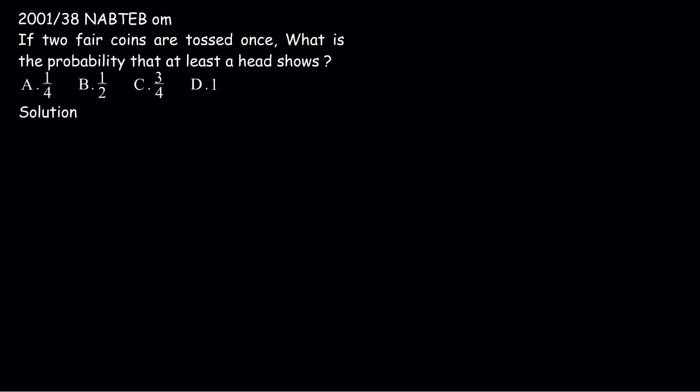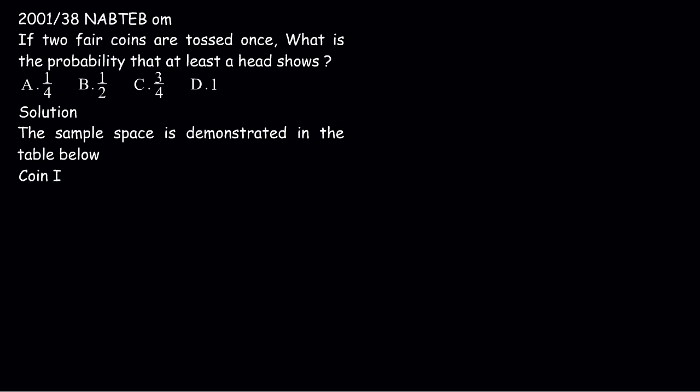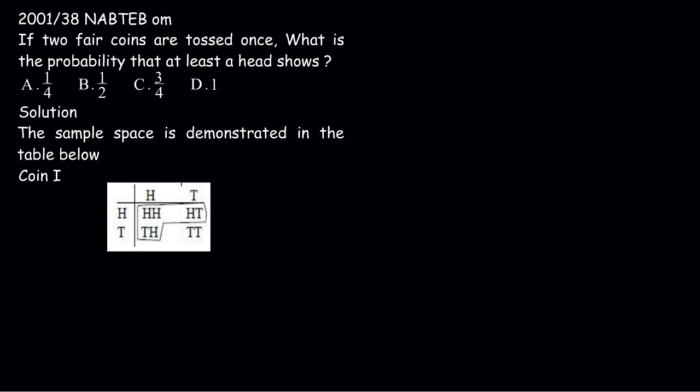We have another question from NABTEB. It states that if two fair coins are tossed once, what is the probability that at least a head shows? Now the very first thing we are going to be doing is to construct our probability table for both coins. Doing that, we get the table as shown on the screen.